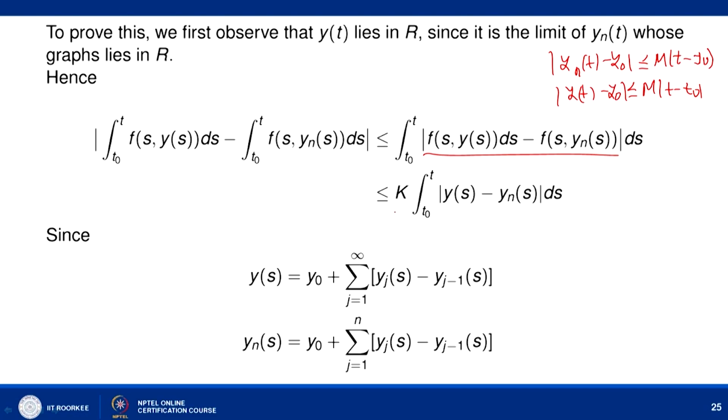We can say that this is less than or equal to K times the integral from t_0 to t of |y(s) - y_n(s)| ds.